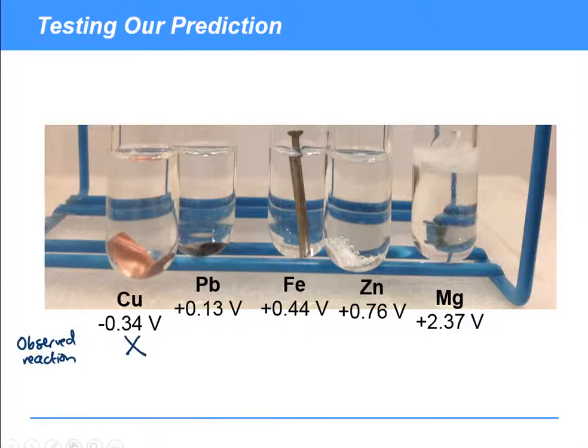Well, that's okay, because we didn't think it was going to happen. But the lead, which we said was feasible, doesn't really seem to be reacting either, and neither does iron. Zinc, we can see the bubbles on the surface, the hydrogen gas, so that's reacting. Magnesium is reacting very vigorously.